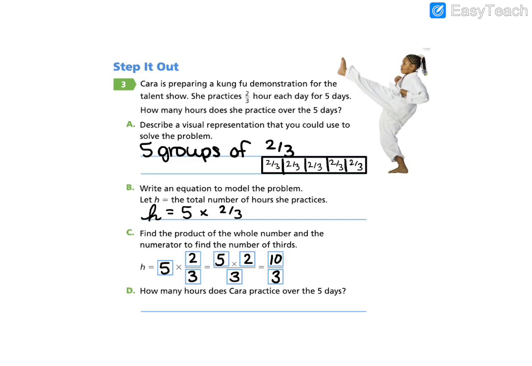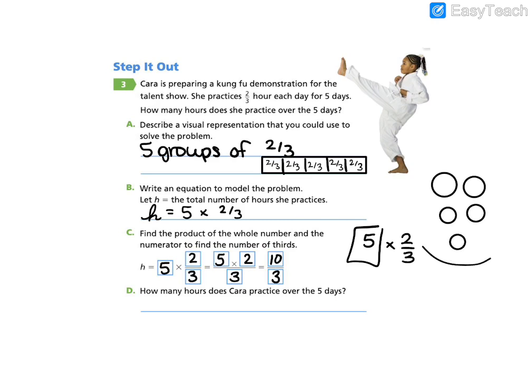Now, why do we only multiply the numerator times 5? Well, think about this number 5. It's equal to 5 wholes. So if I had 5 fraction circles over here, we're going to pretend those are all equal. This shows me 5 wholes.